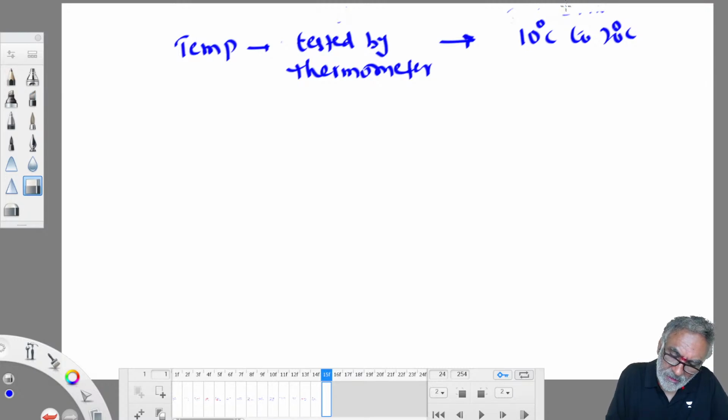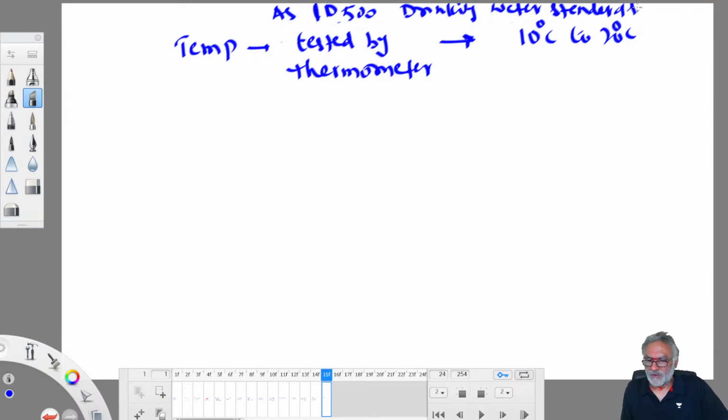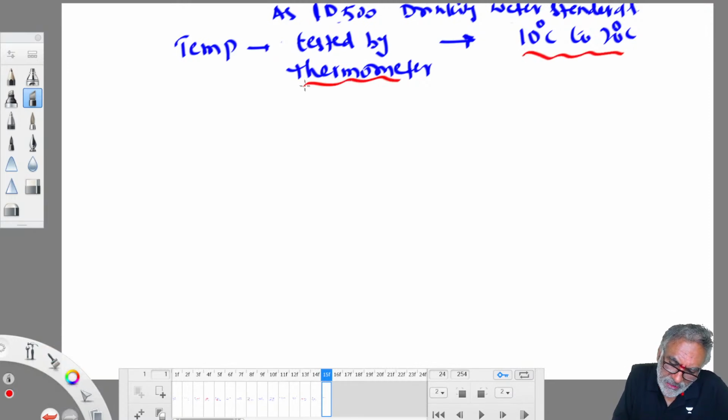As per the Indian government, we follow IS 10500; drinking water standards are taken from IS 10500. Temperature should not be less than 10 degrees and should not be more than 20 degrees. More than 20 degrees promotes growth of microorganisms. Less than 10 degrees, it doesn't flow properly in a system.